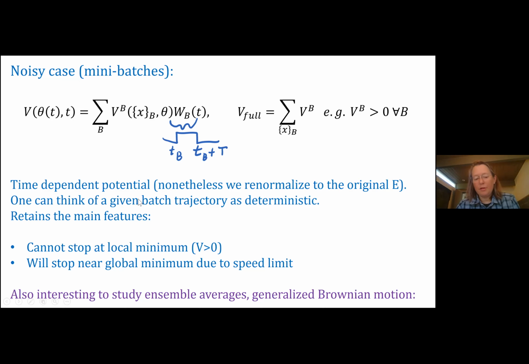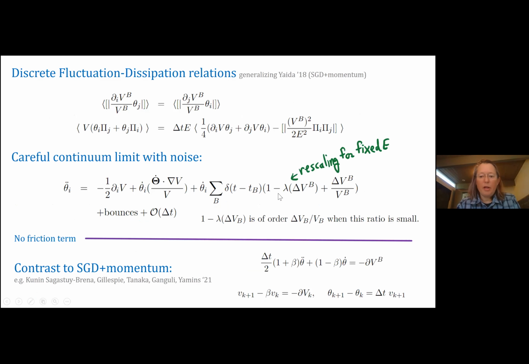Long story short, in the presence of many batches, we also maintain the energy conservation by hand. So it's interesting to ask what happens to the stochastic noise introduced by many batches in our context, and compare that to SGD.